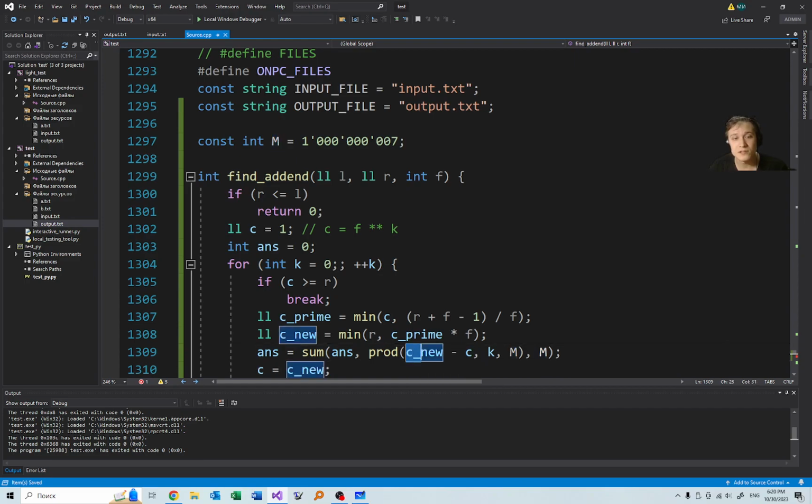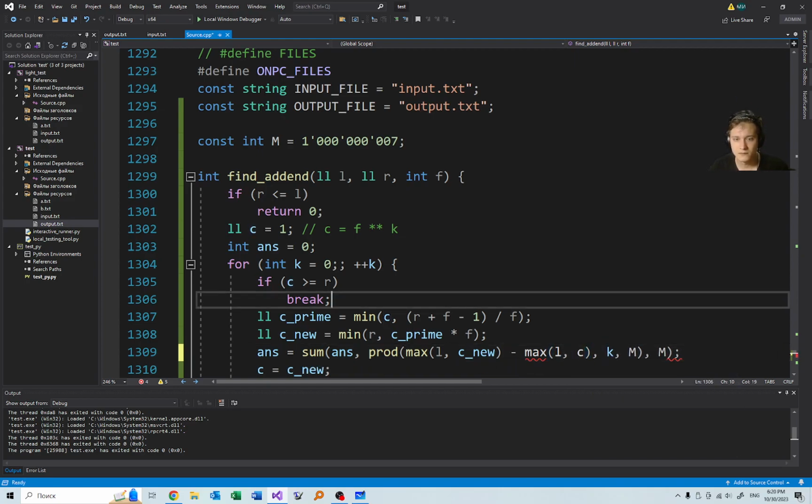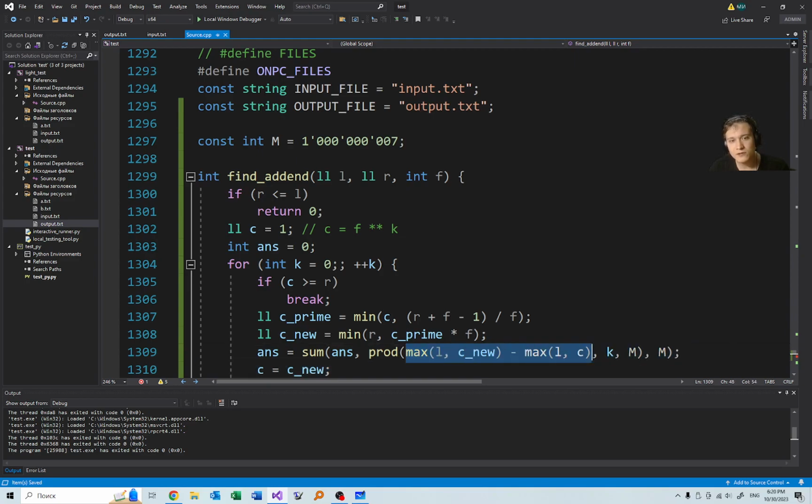However, this is not correct because this is not the number of such numbers. First of all, we need to only have here numbers in this segment. So instead of C nu, we will take maximum of L and C nu. And instead of C, we will take maximum of L and C nu. Great. This is still not correct because this is long and the function product takes an integer.